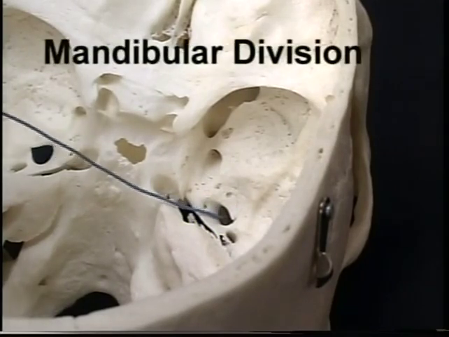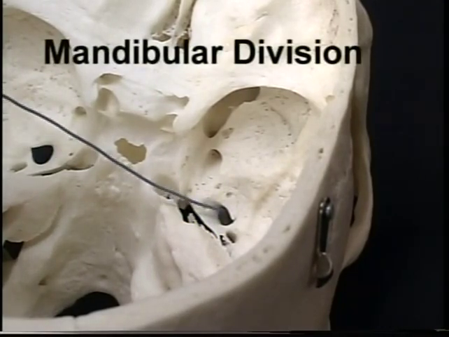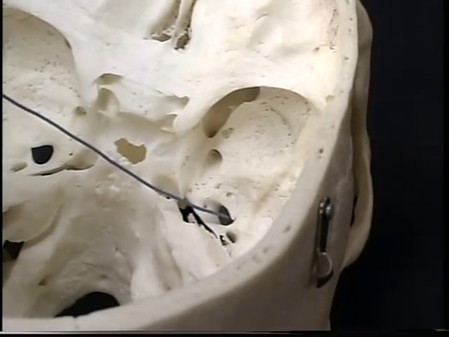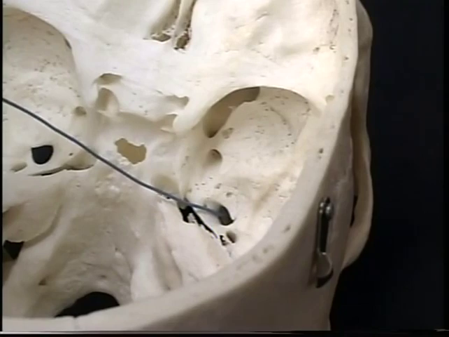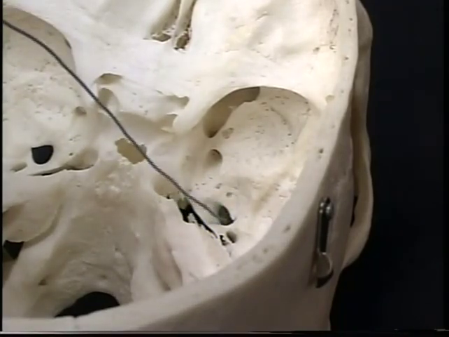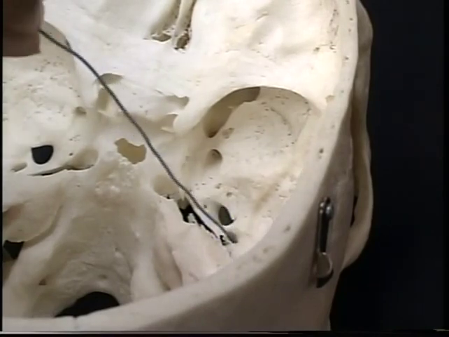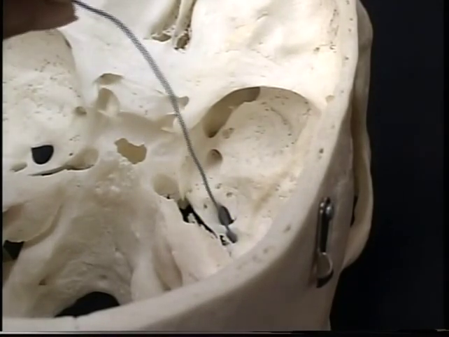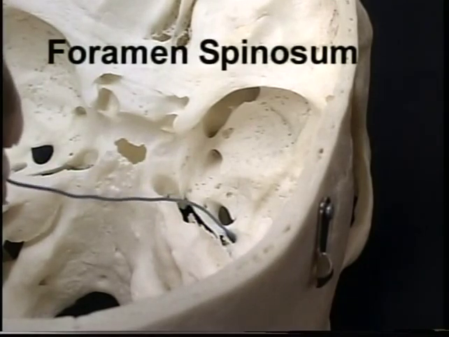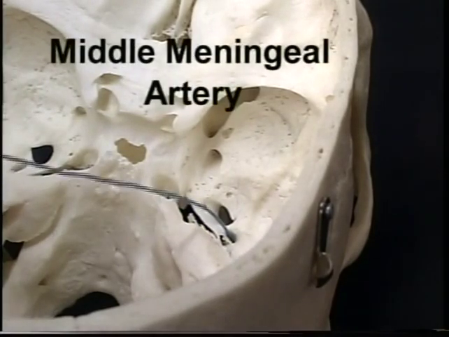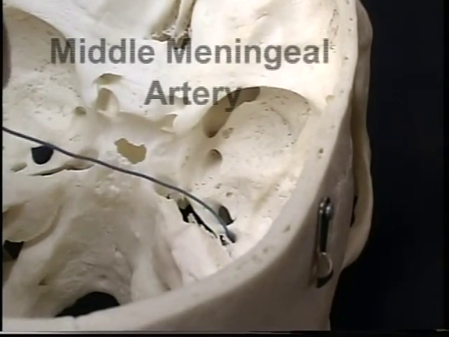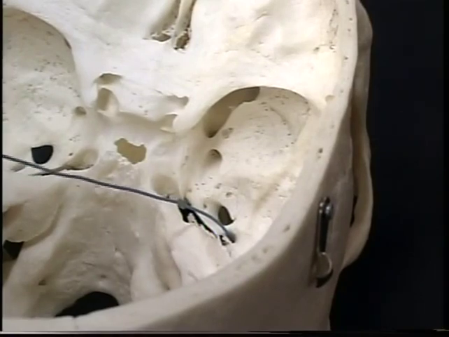The mandibular division of the trigeminal leaves the skull through this opening to enter the infratemporal region. Just posterior to that, there is a small round opening. This opening is the foramen spinosum. The middle meningeal artery from the infratemporal fossa enters the skull through this opening.